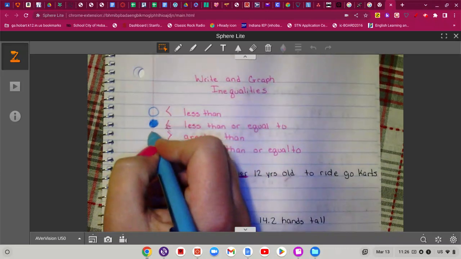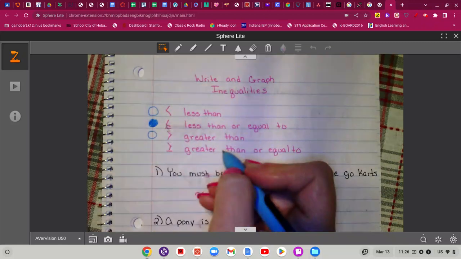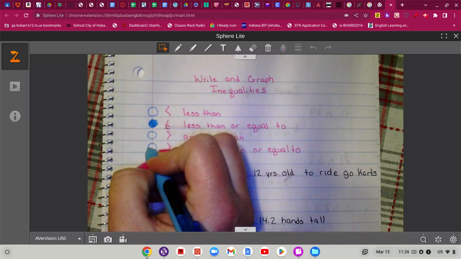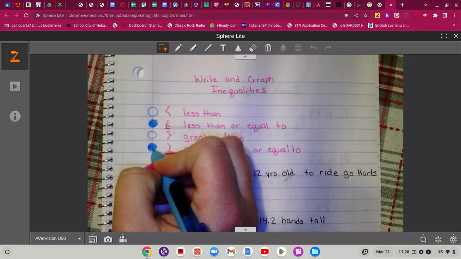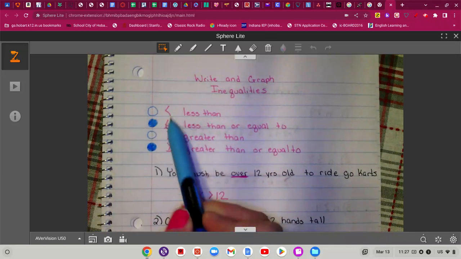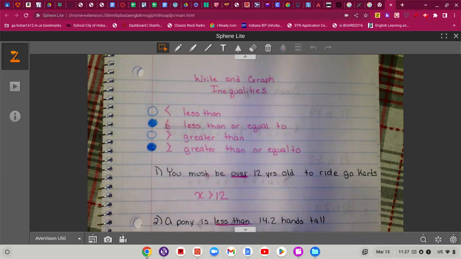If it's just greater than, it's an open circle. And if it is greater than or equal to, it's going to be a circle that's filled in. So you only fill in the circle if it can also be equal to.